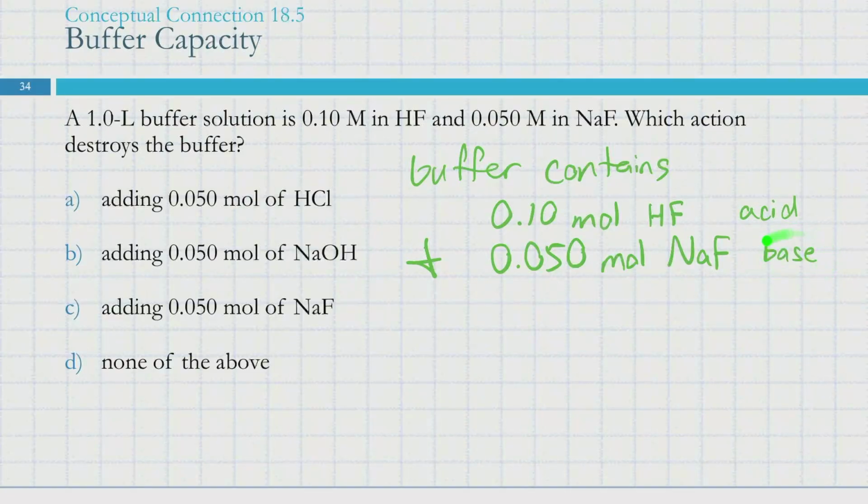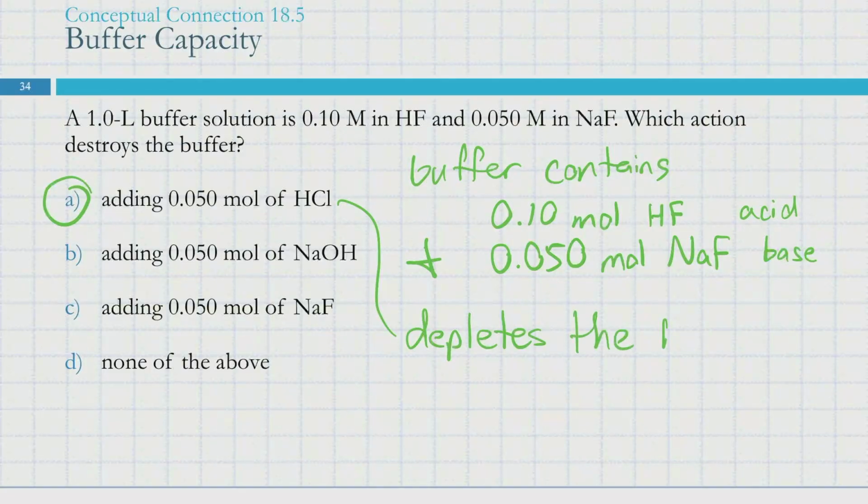We can get rid of this base by adding in the same amount of acid. So if we add 0.050 moles of HCl, hydrochloric acid, then that will deplete the sodium fluoride. That will all turn back into hydrofluoric acid.